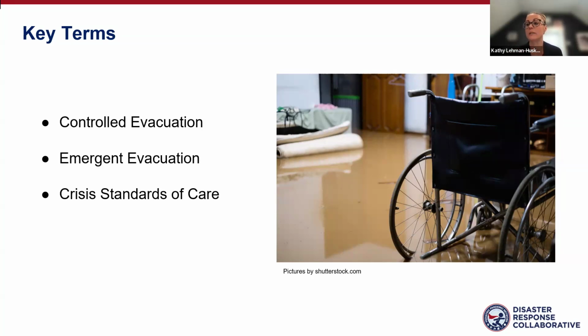And just to really send that message home, when I was thinking of crisis standards of care and sheltering in place, think about an active shooter situation and how dynamic your crisis standards of care are and can change. You are in a shelter in place situation.